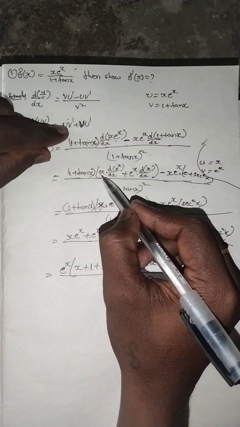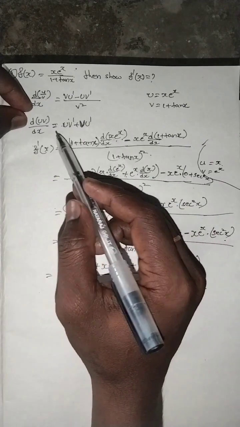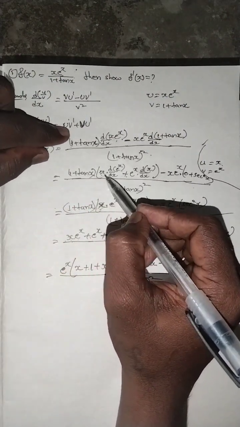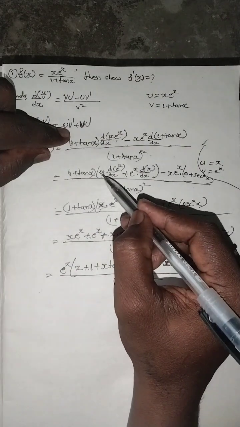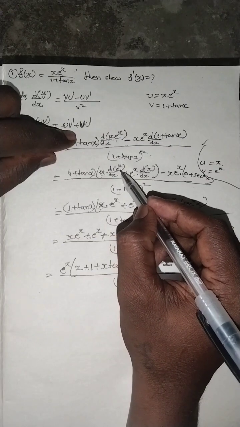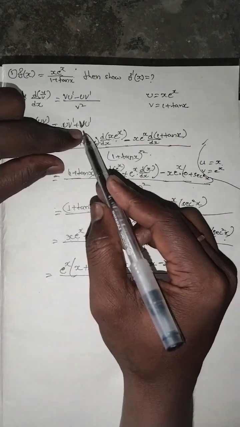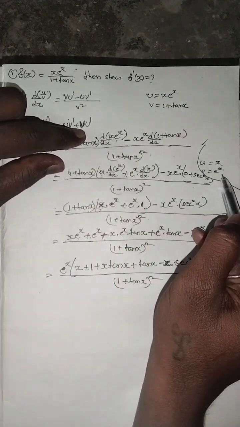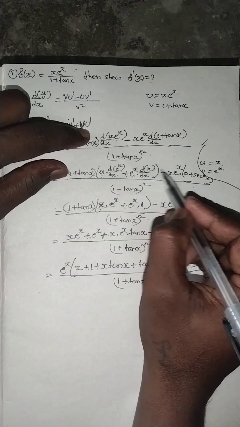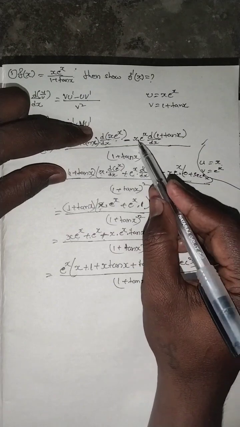Here we use the product formula when we are differentiating two factors: u into v dash, which is x into e power x, plus v, e power x, into u dash, the derivative of x. Then I close the bracket, minus x into e power x.